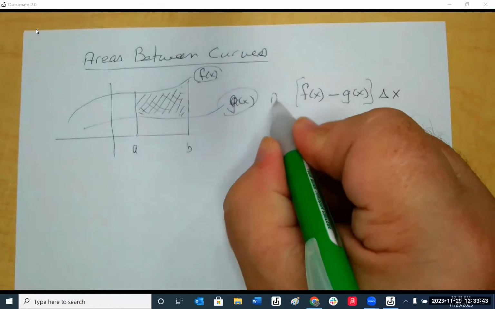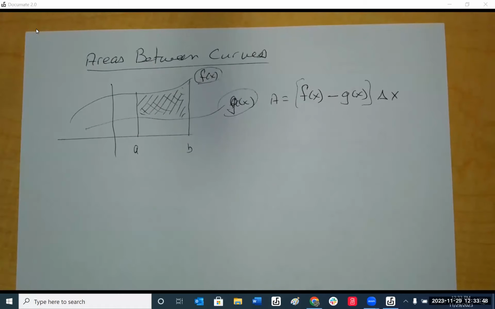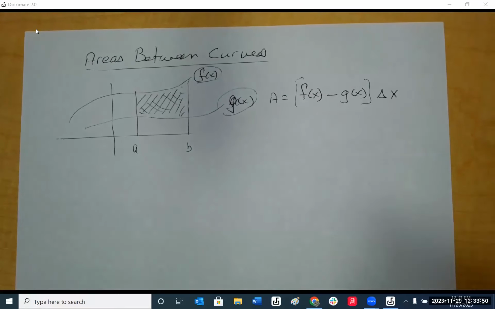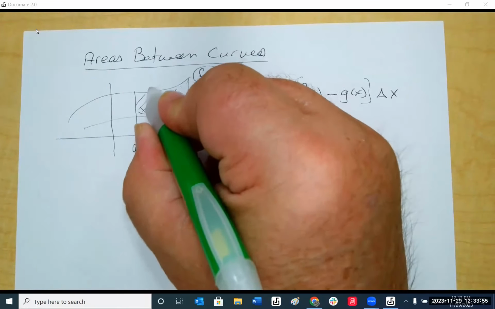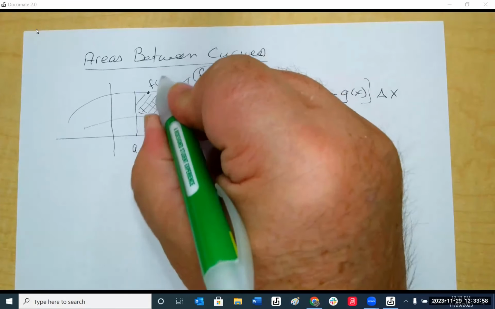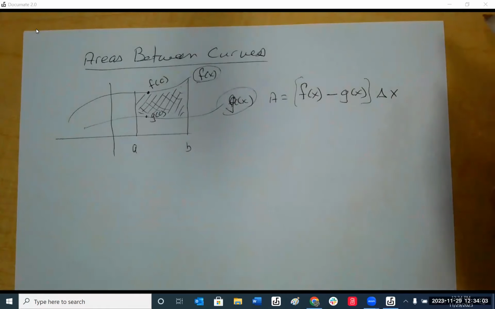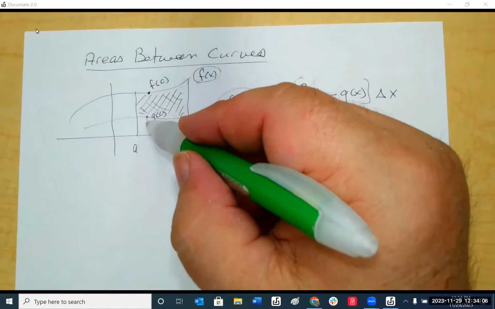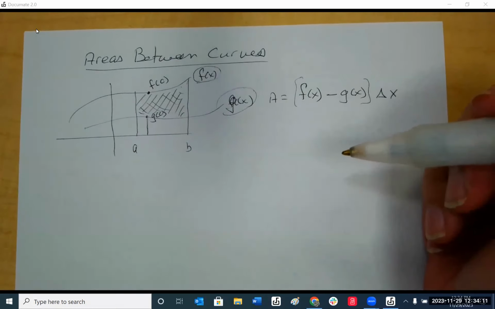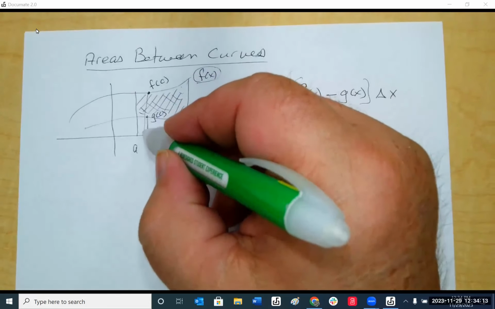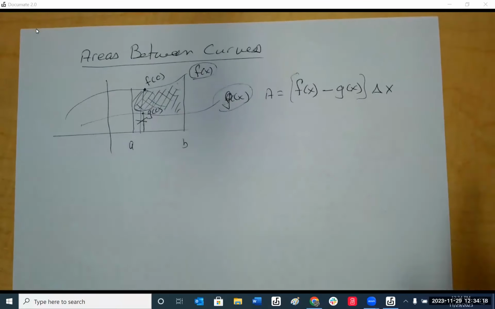So the area will look like this. Why do we subtract them? Because this first one is f of c, let's say, and this is g of c. g of c finds this distance. f of c finds from the top down. If we get rid of the bottom, what we're left with is the middle. That's why we subtract them.